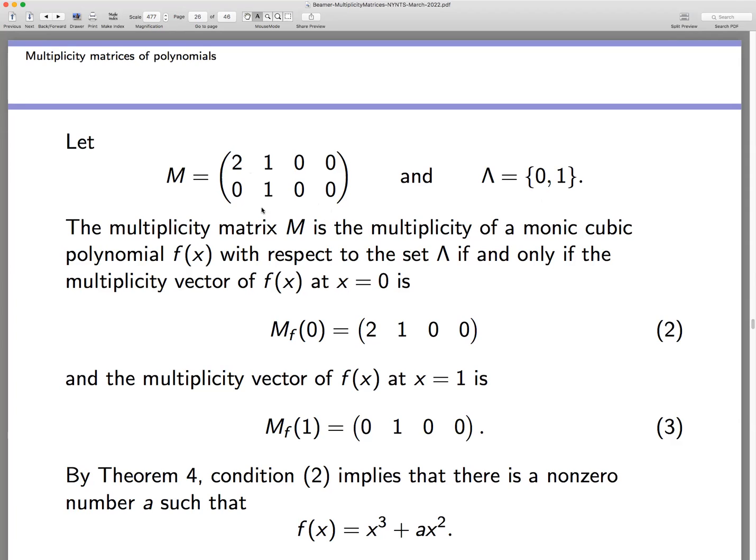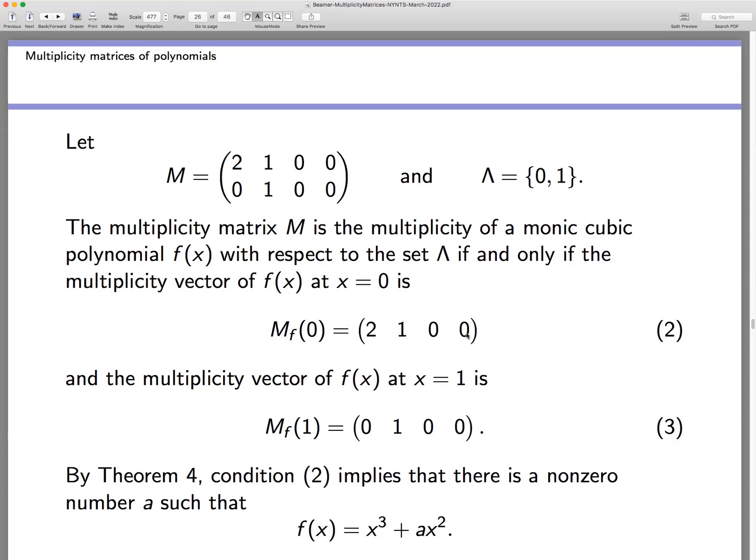So let's suppose that this is the multiplicity matrix of some cubic polynomial. In that case, the first row will be the multiplicity vector with respect to 0 for that cubic, and the second row will be the multiplicity vector with respect to 1 for that cubic. So what does it mean to say that this is the multiplicity vector for the cubic?